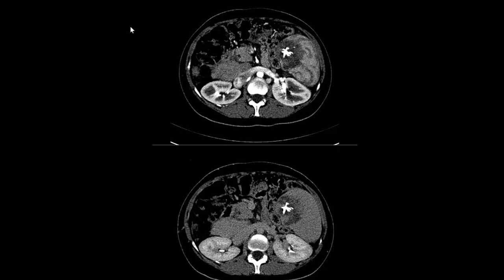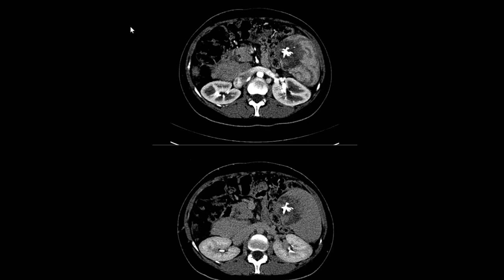This appears to be a solid lesion with central hyperdensities. Could be a splenic hemangioma. What else?